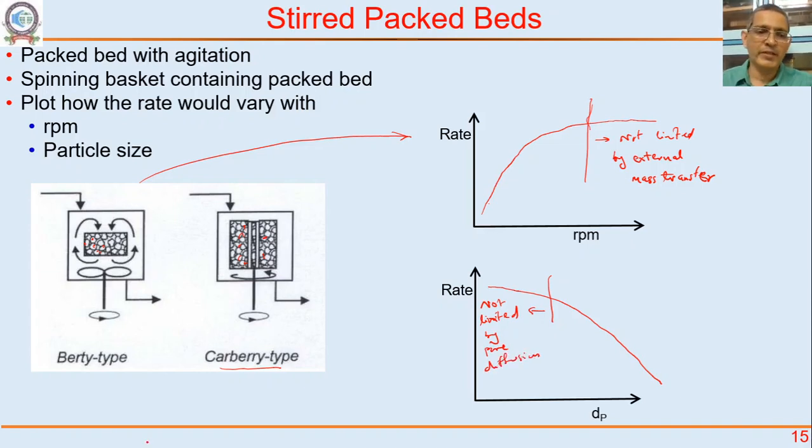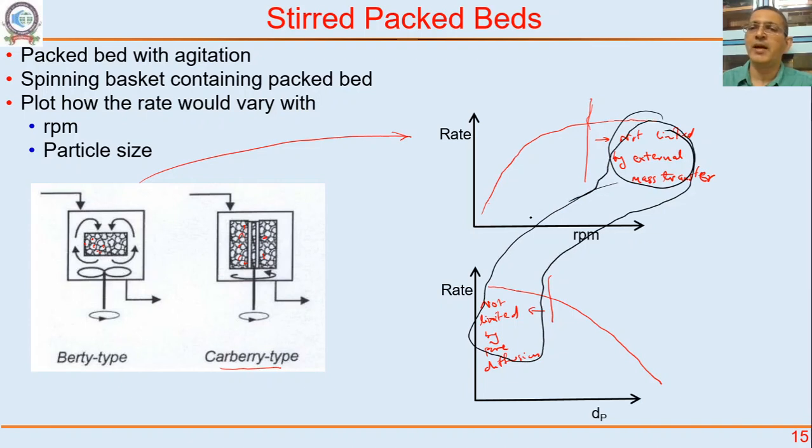So when we want to do experiments, beyond this RPM and below this particle size. That's where we should do our experiments so that we can get intrinsic kinetics. We will not be limited by diffusion, either external or internal.